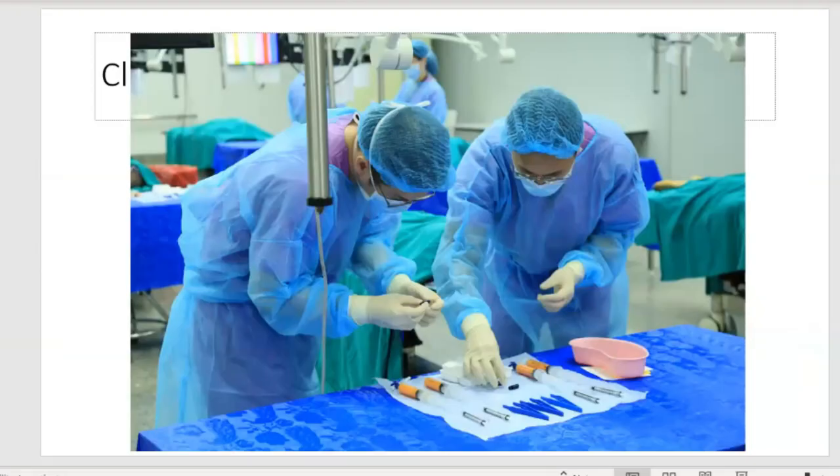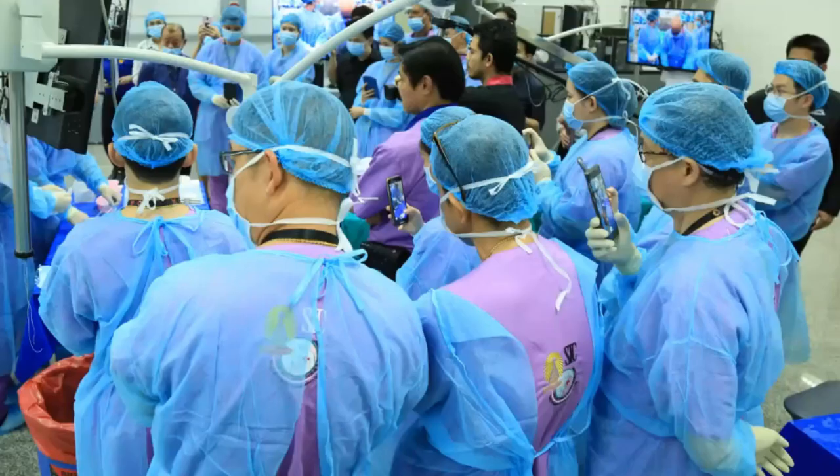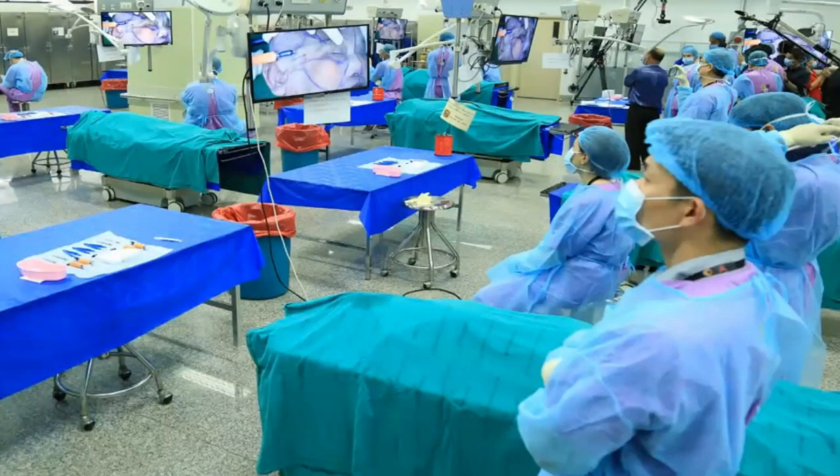All right. So yes, these are some of the pictures that were taken during the FATS Bangkok event in December 2022. And it was attended by over 80 participants.